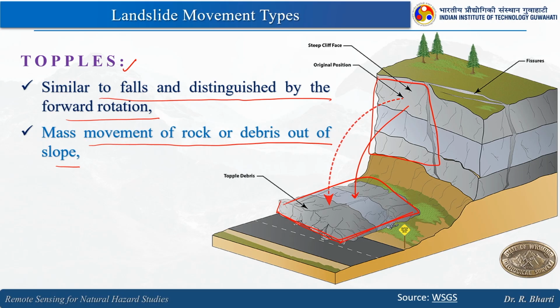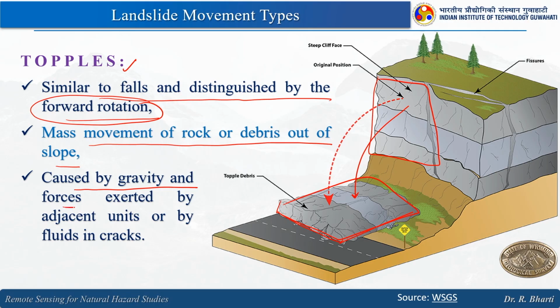This forward rotation is very important, caused by gravity and forces exerted by the adjacent unit or by fluid in the cracks. So, as I told you in the previous case, the water enters, and because of the change in the temperature, this will be weakened, and then this particular rock will fall.